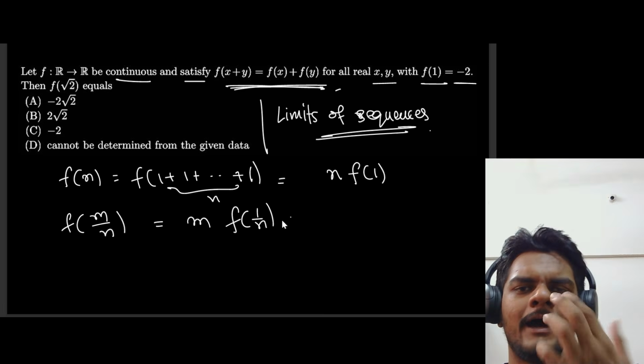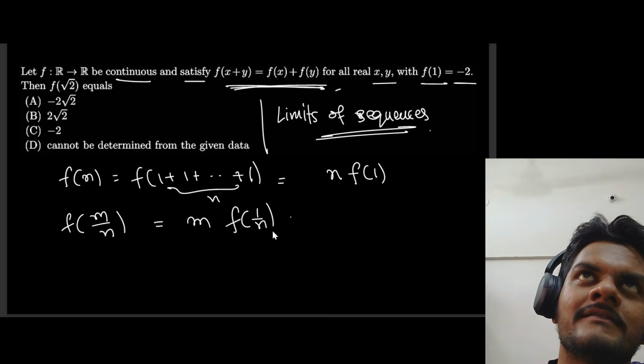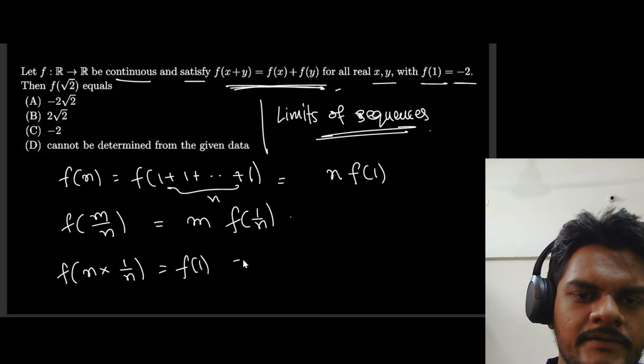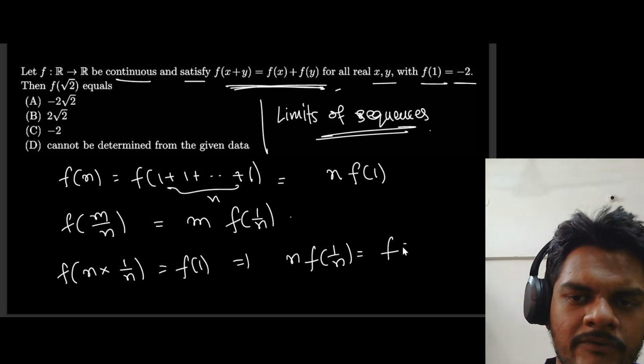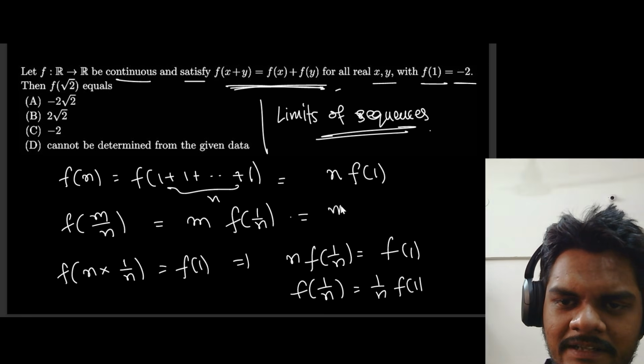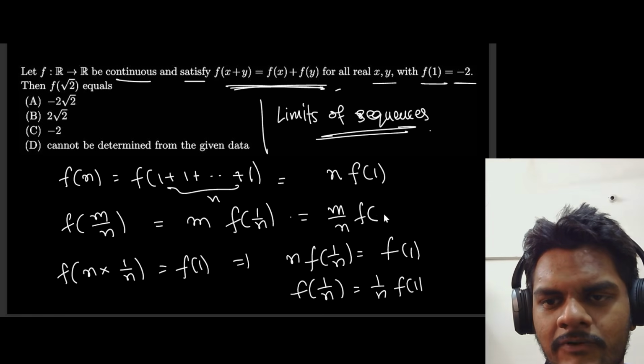And how can I write f of 1 by n? In fact, if you see n times 1 by n, this is f of 1. So you see n times f of 1 by n is equal to f of 1. So f of 1 by n is equal to 1 by n f of 1. So this can be written as m by n f of 1.